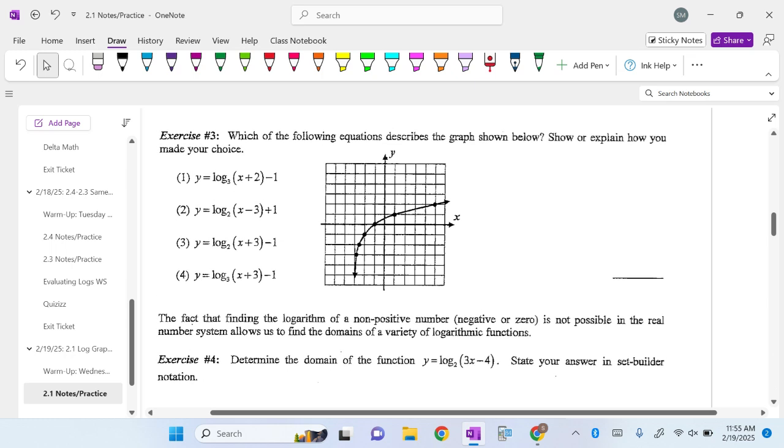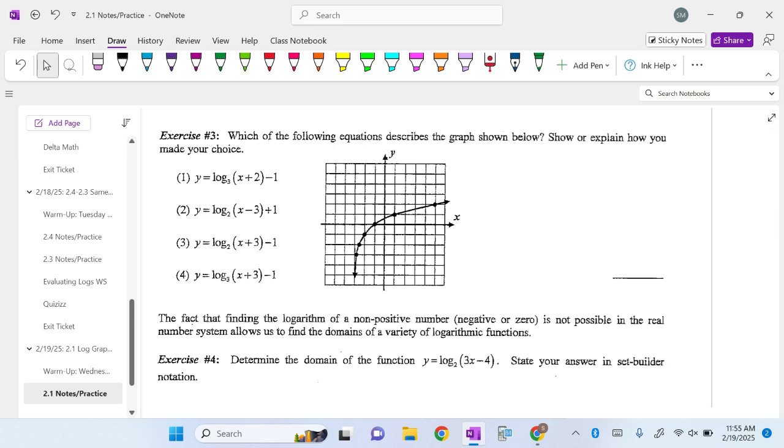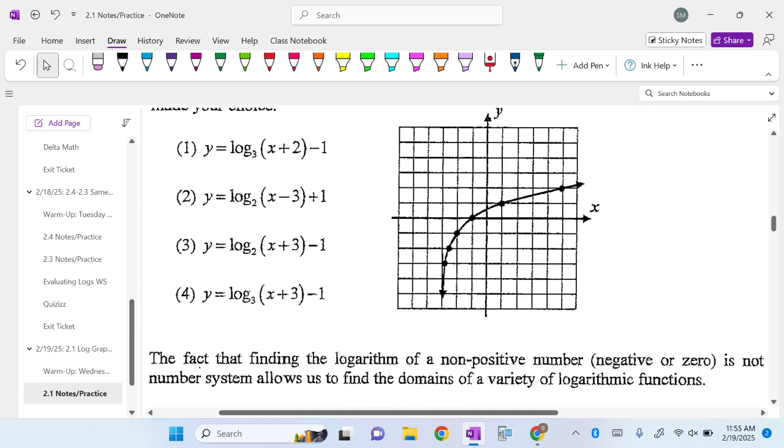Now, I want you to take a look at this graph and tell me which of these functions do you think it fits? And here's a way you can check.